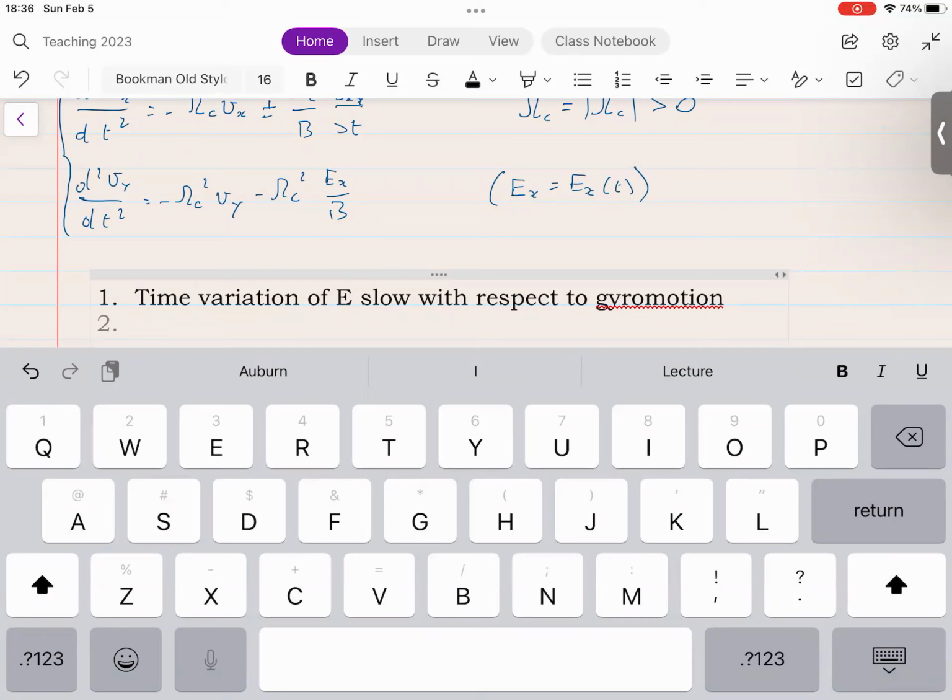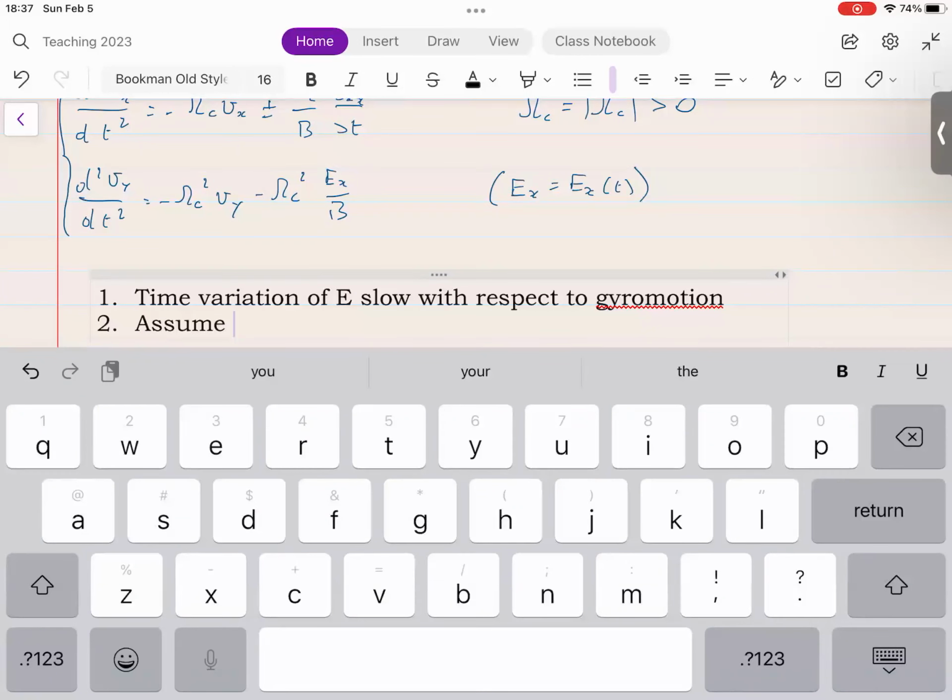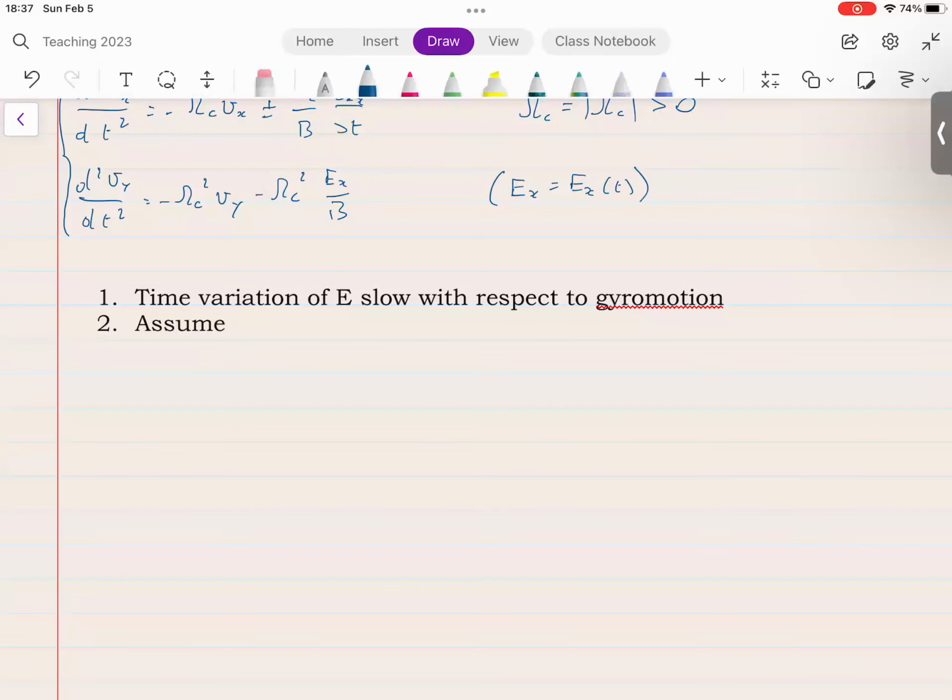I'm going to make an assumption on the E cross B velocity, and I'm going to assume that it is of the following order. Maybe I need a little more space here. We'll make it work. Okay. My V equals E cross B over B squared.